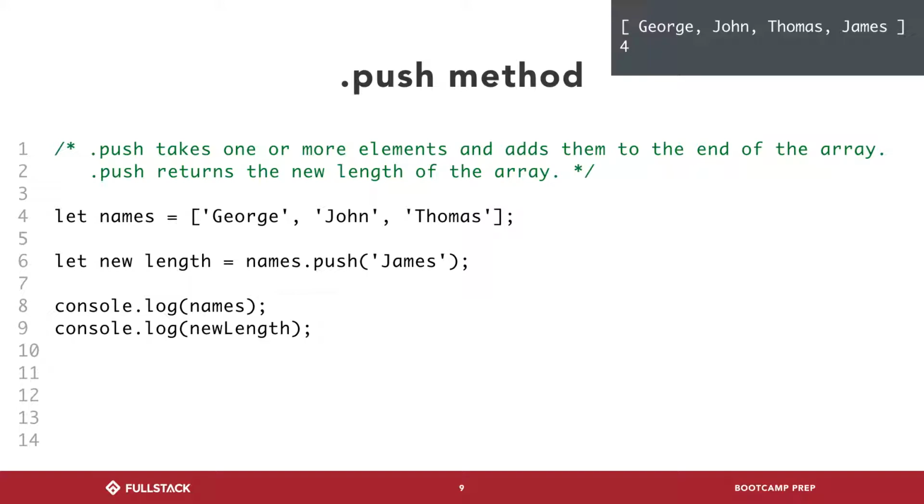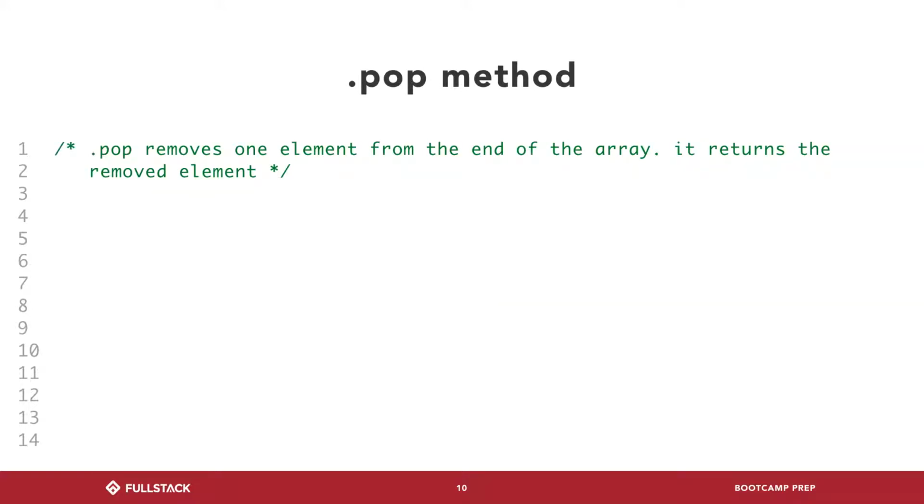Good? Cool. All right. Dot pop then is the opposite of dot push in that it will remove the last element in a particular array. That's what it does. What it returns is the element that it just removed. A very common practice you'll see when people use dot pop is they remove this thing from the array, and they might also print it out to say, hey, this element just got removed from the array.